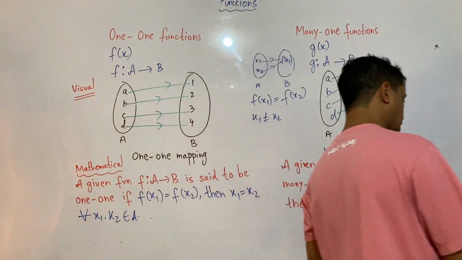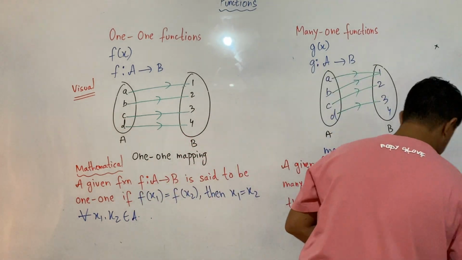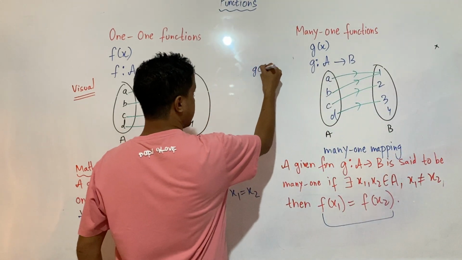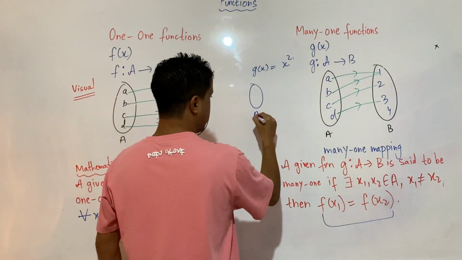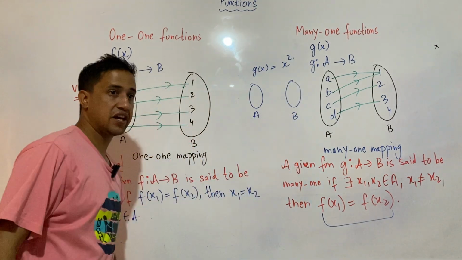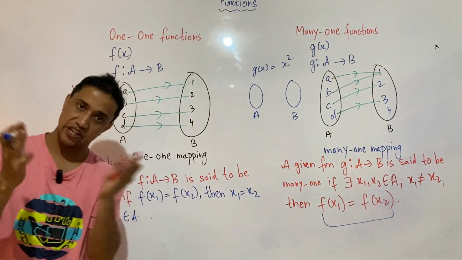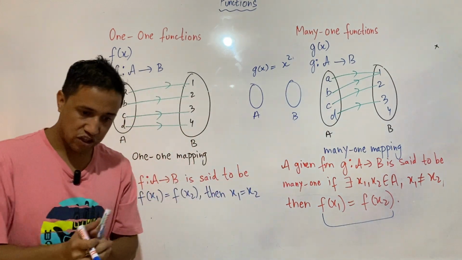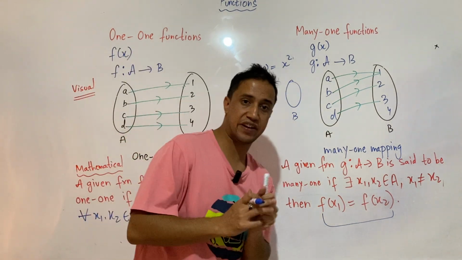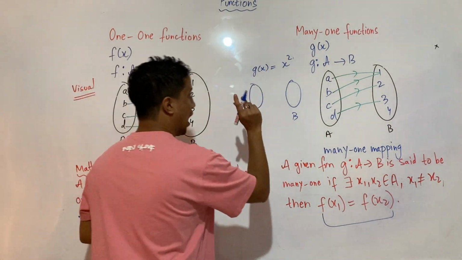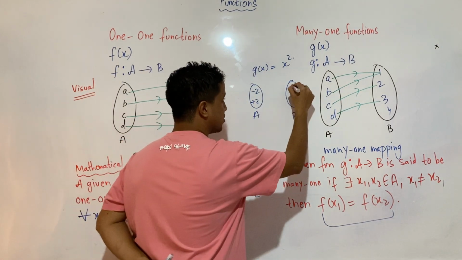Okay, let's take an example of a function. Let's say that the function g of x is x square. Now this is my set A, this is my set B, right? When you put different values of x, you will see one thing, which is that for -2 and +2, you will get the same output 4.